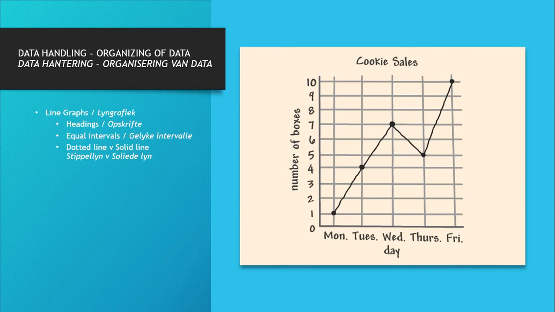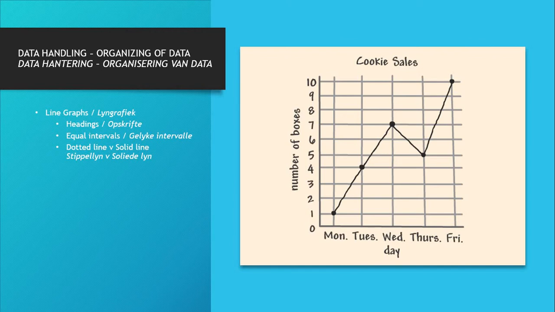We also need to know that certain times we can have a dotted line versus a solid line. As you remember from the previous slides, we referred to the continuous data and we also got the discrete data. Whenever your information is discrete data, meaning you cannot have decimal places, 1 person, 2 people, 3 people, then you need to have a dotted line because it is discrete data.